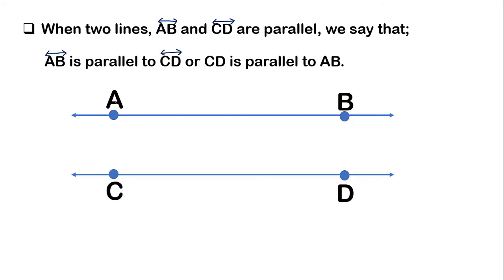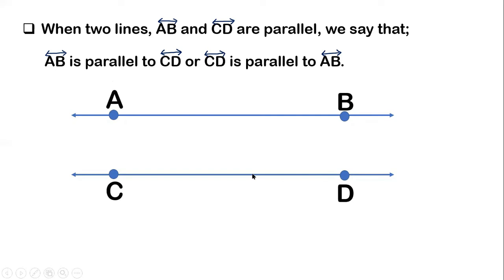You can say that AB is parallel to CD, or you can say that CD is parallel to AB. It means the same. So someone can say AB is parallel to CD. Another one can say CD is parallel to AB. It means the same, okay?